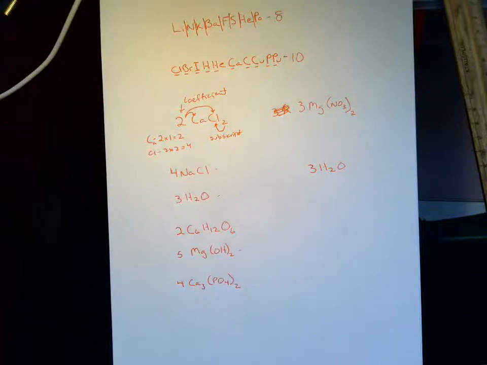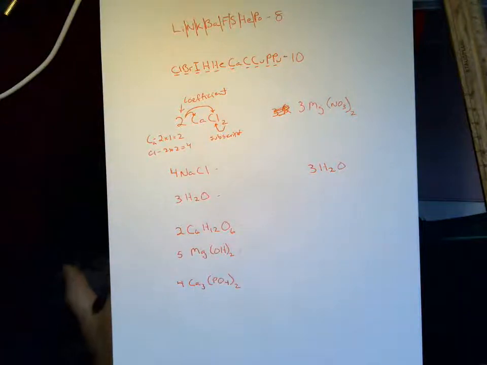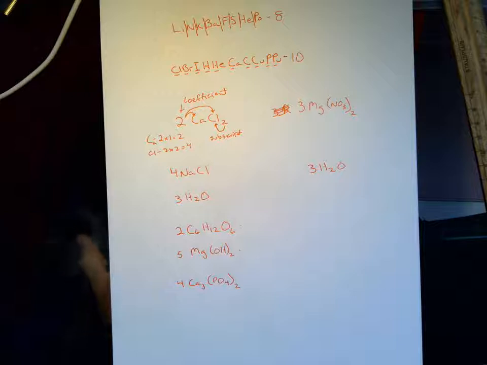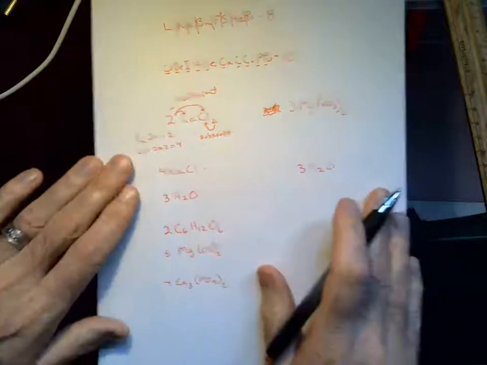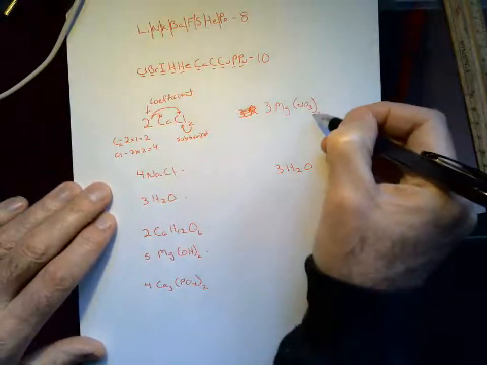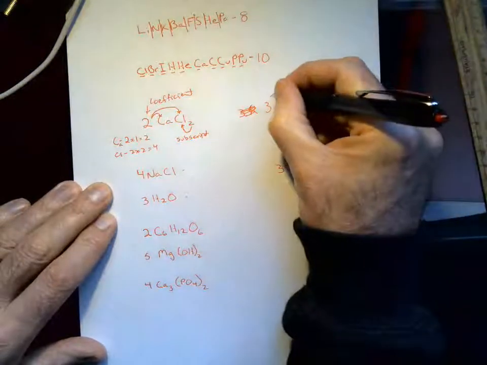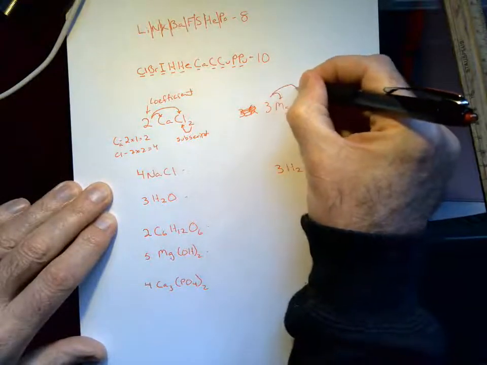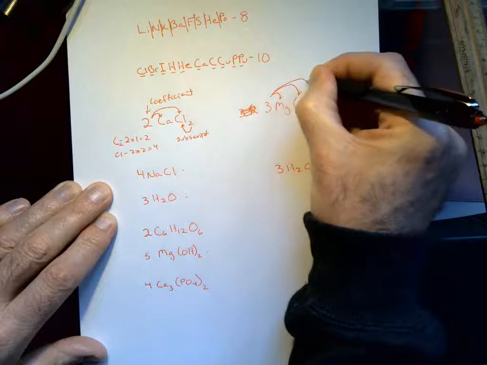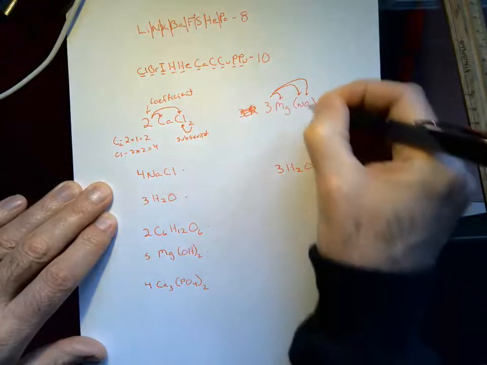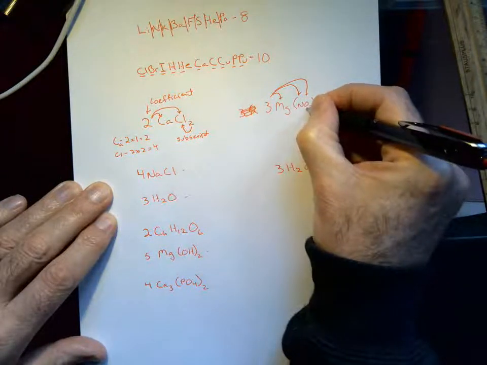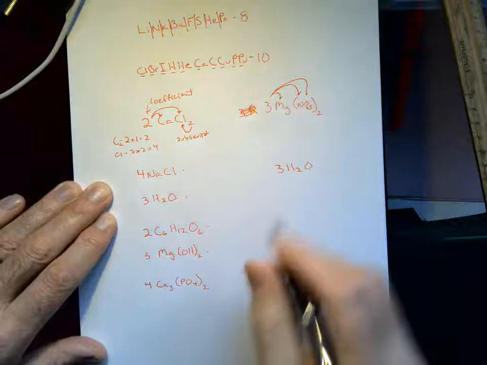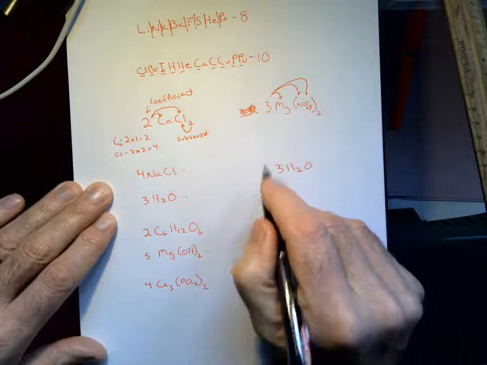You're going to have to be able to count as we go through and do balancing, which is coming up shortly. Let's take a look at what all these numbers mean. The 3 goes with the Mg, the 3 goes with the N, the 3 goes with the O. This 3 only goes with the O. What happens if you have a subscript outside of brackets?